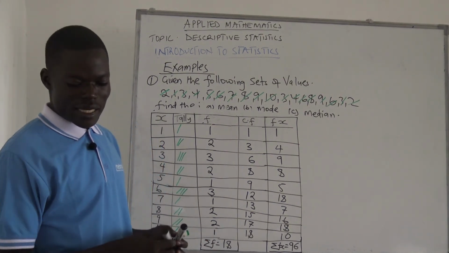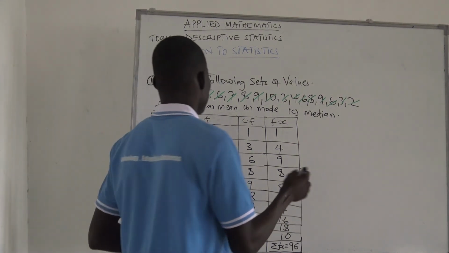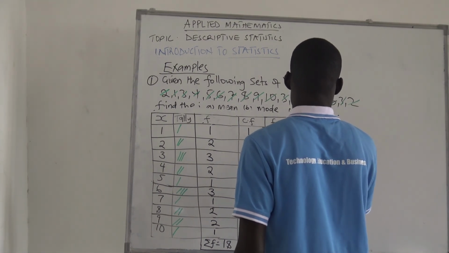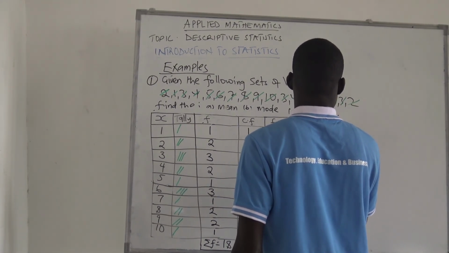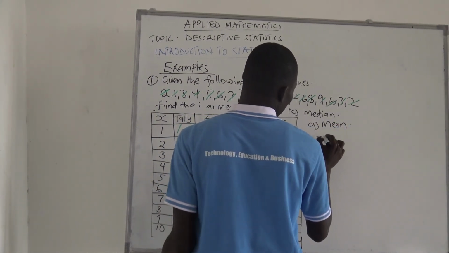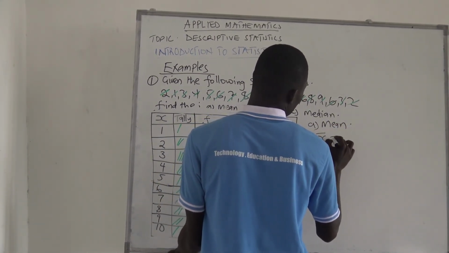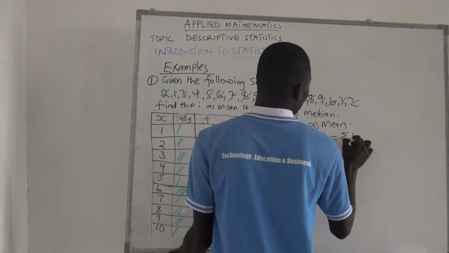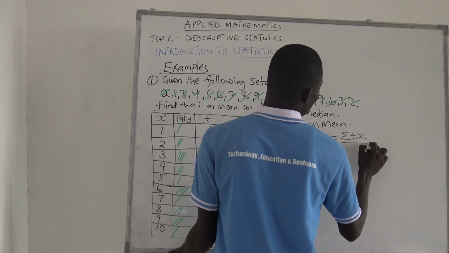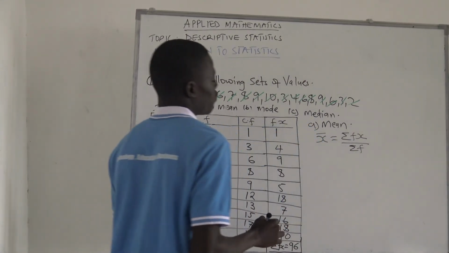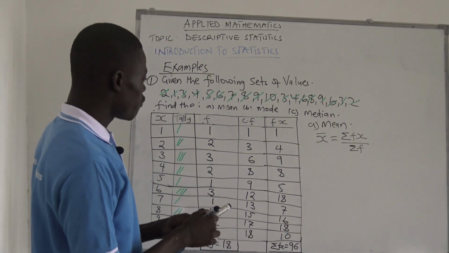Let us start answering the questions which they asked. Part A of the question says calculate the mean. We say the mean, if you are given frequency, is given as the summation of fx out of the summation of f. That is the value of the mean.